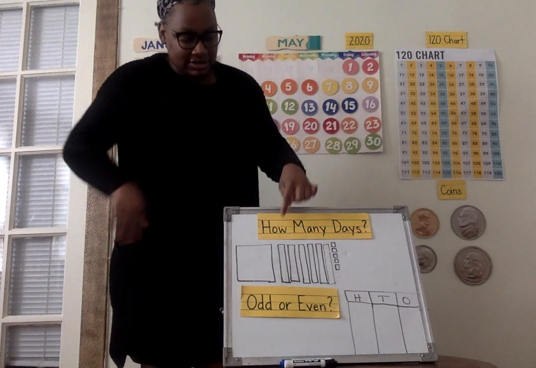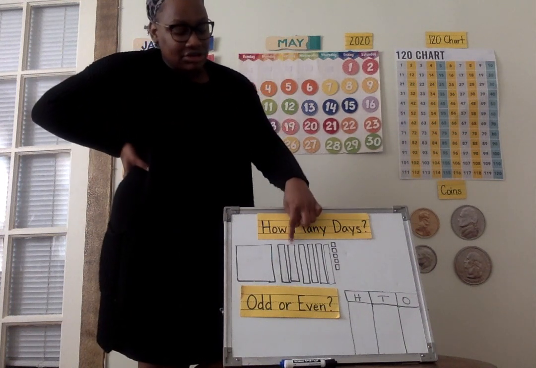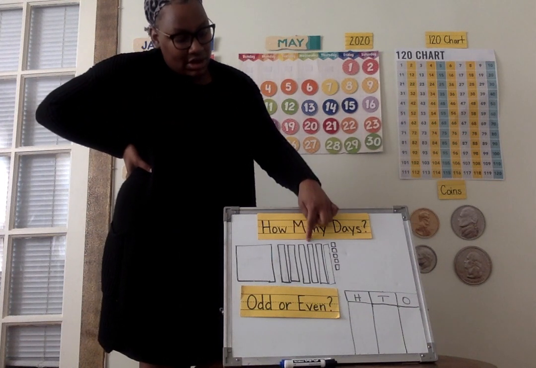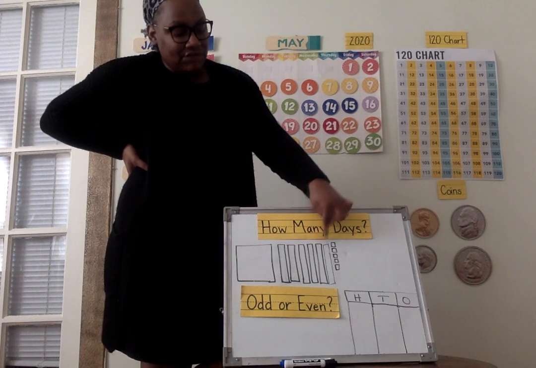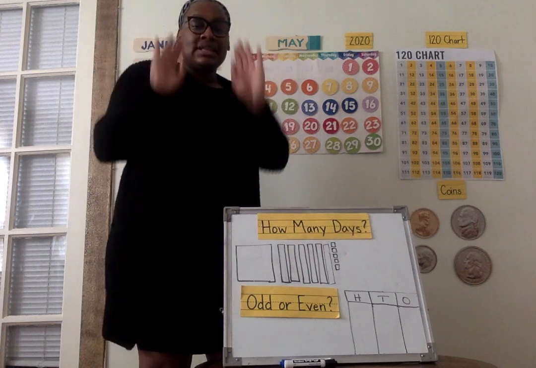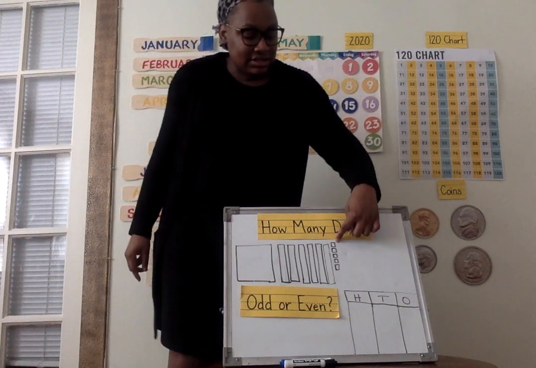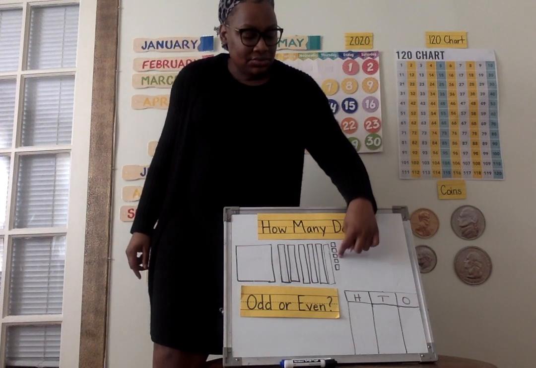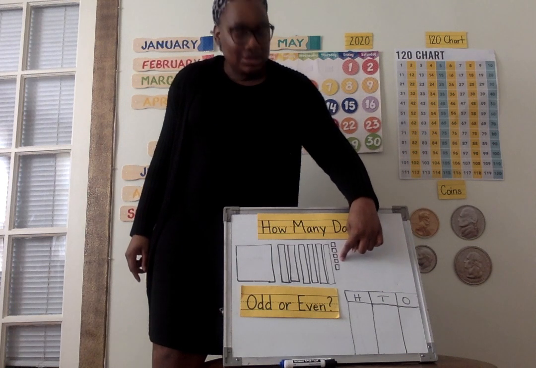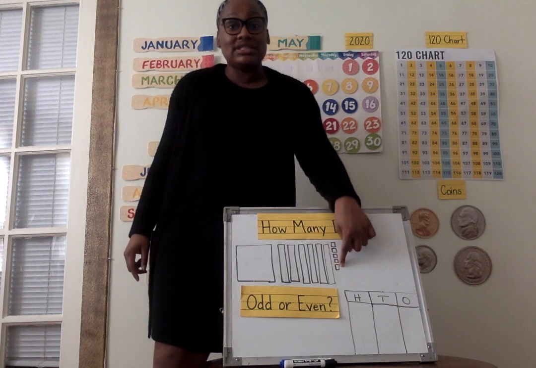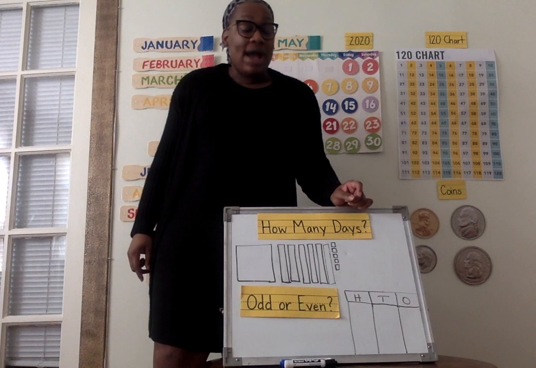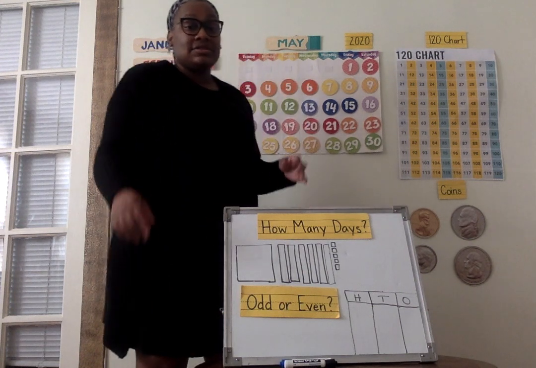Count by tens. 110, 120, 130, 140, 150, 160. Stop, switch. Count by ones. 161, 162, 163, 164, 165. Wow, that's a lot of days.